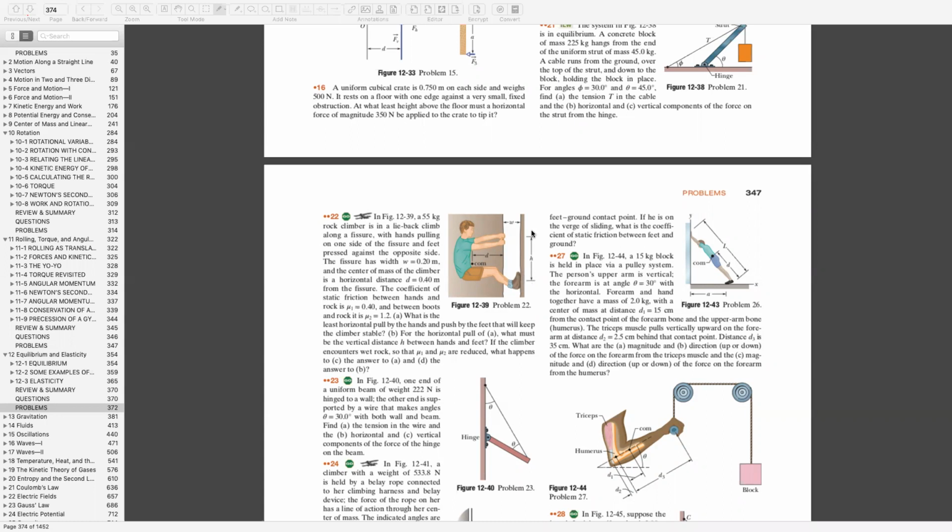So the support to the feet and the hand, this distance, so the supporting normal force times h plus the friction times omega, and then the mg times this distance is the total torque. It's a sum of torque, right?